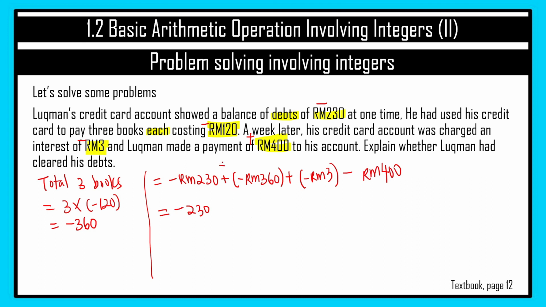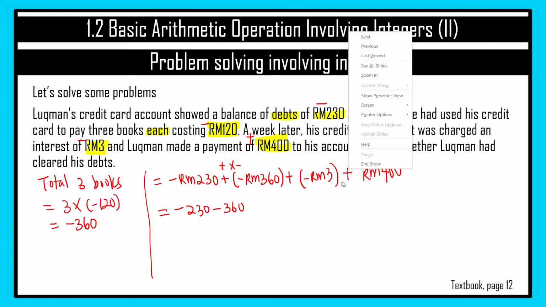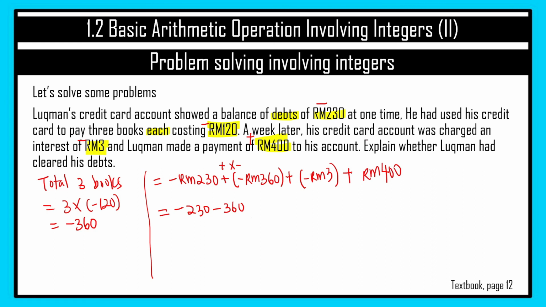This one is positive multiply negative, you get negative 360. Oh, sorry, this one should be plus. Positive multiply negative, you get negative 3, plus 400.